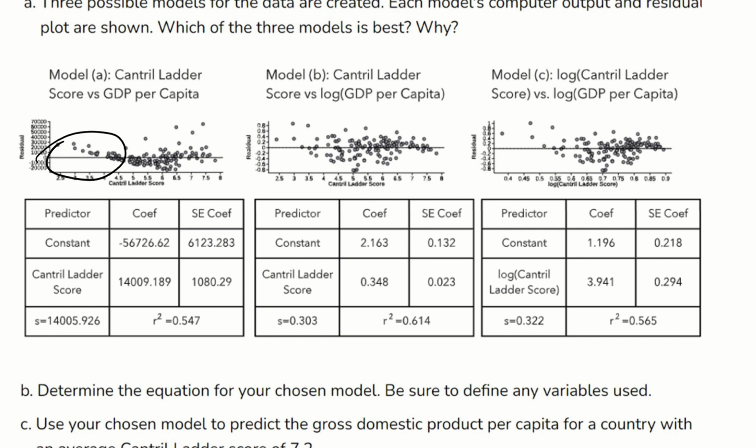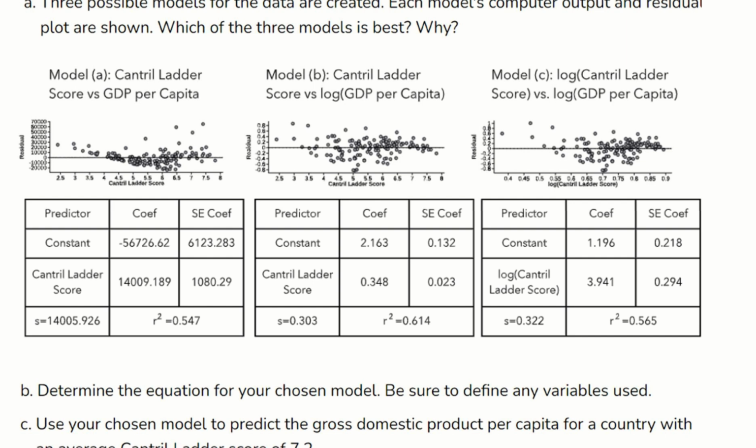If you notice, there's an underestimate going on consistently. Model B appears to be more randomly scattered, so that's good. So that's better than model A. Model C looks similar to model A. There appears to be a lot of over or underestimation, and then a slight pattern, although less so than A.